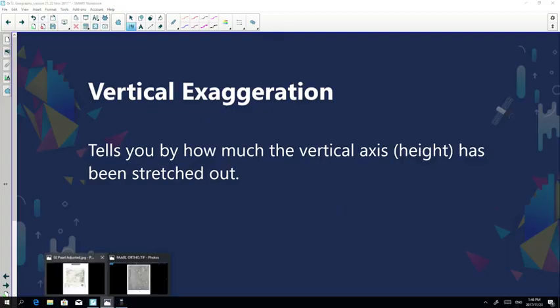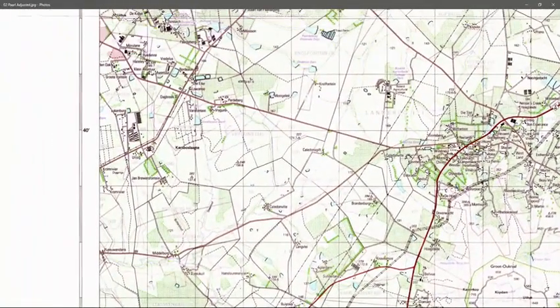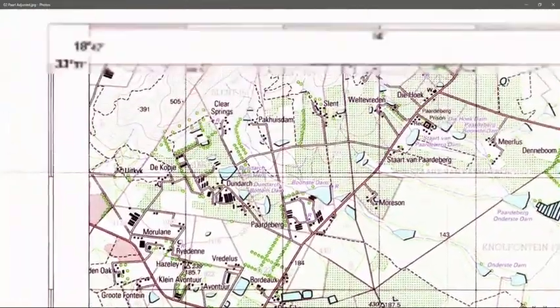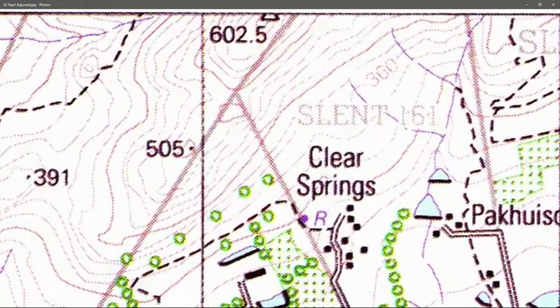Because once we look at a map, we can't determine objects and shapes. For instance, if you look at this area over here, it's a flat area. But if you look at the contour lines as they represent height, what do we have here?